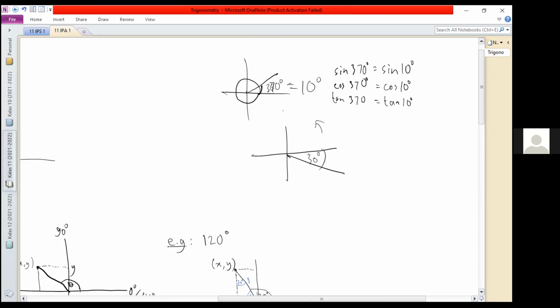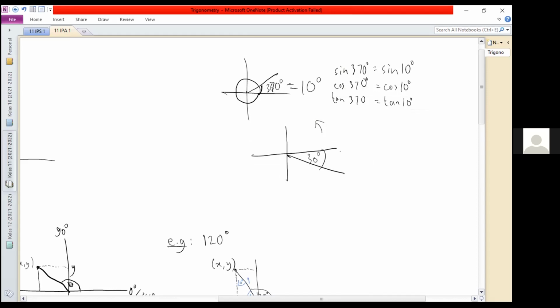And also for negative 30 degrees. If you have positive angles, then you go counterclockwise. For example, for 370 degrees, we go counterclockwise until 360, and then 10 more degrees to get 370.